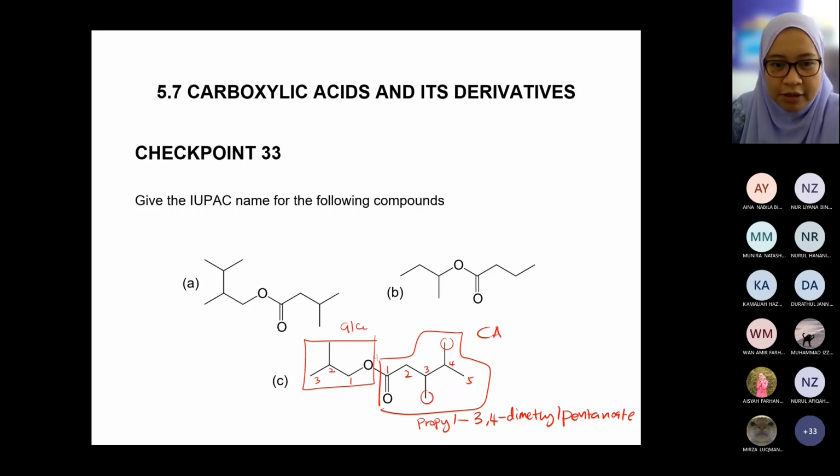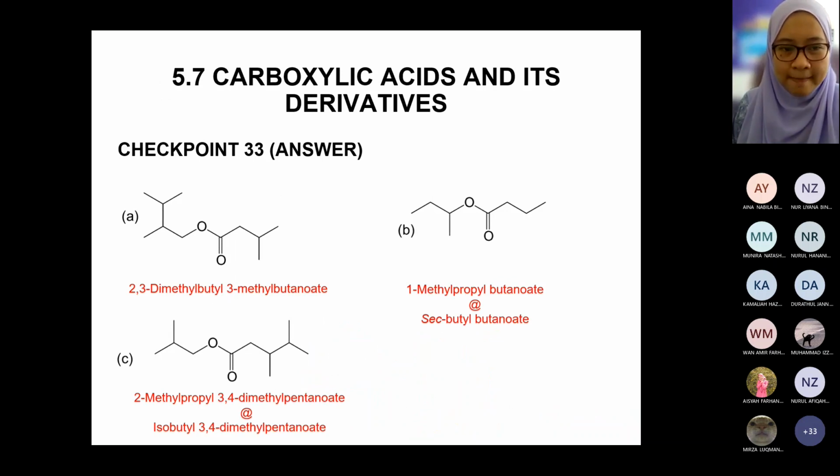Propyl, right? And then carbon number 2, we have methyl group. So, 2-methylpropyl 3,4-dimethyl pentanoate. Okay, asing dulu. 2 tips untuk buat ester. Betul tak? Ya, 2-methylpropyl 3,4-dimethyl pentanoate.